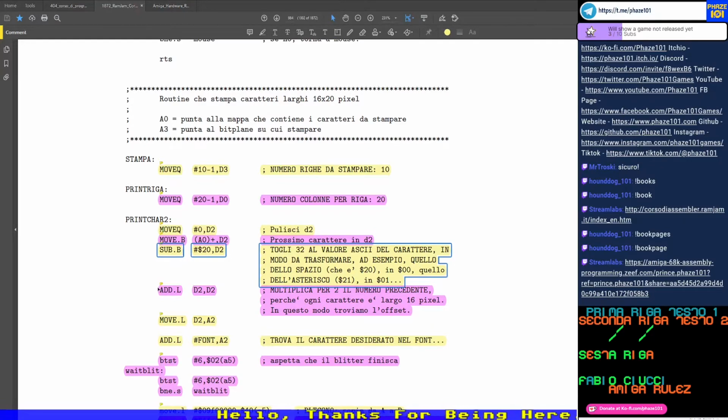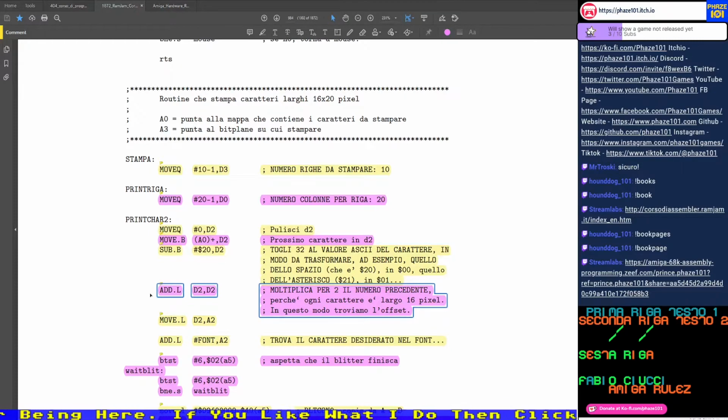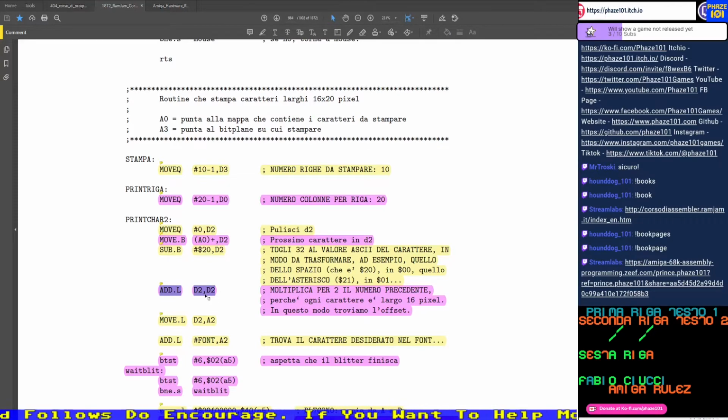We add that value times 2, so an addition of a number by the same number is actually doing a multiplication by 2. Here he avoided the MULU instruction on the 68000 because an add is faster than the multiplication in this case.